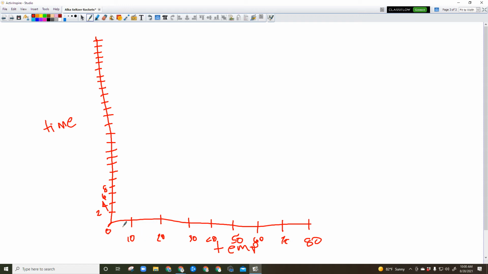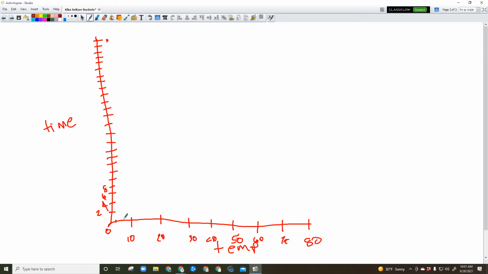All right, so let's say your water temperature was 3 degrees, and it took like 50 seconds. So that's going to be right here. It's the top one. Okay, so we're going to make a point right there.